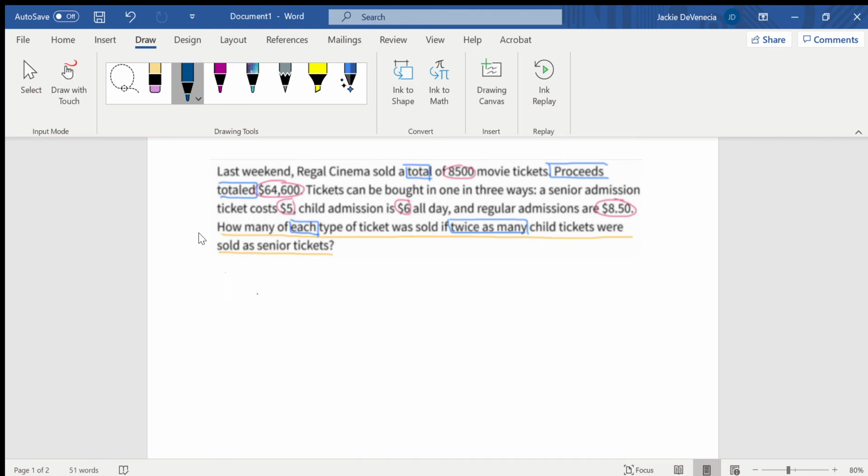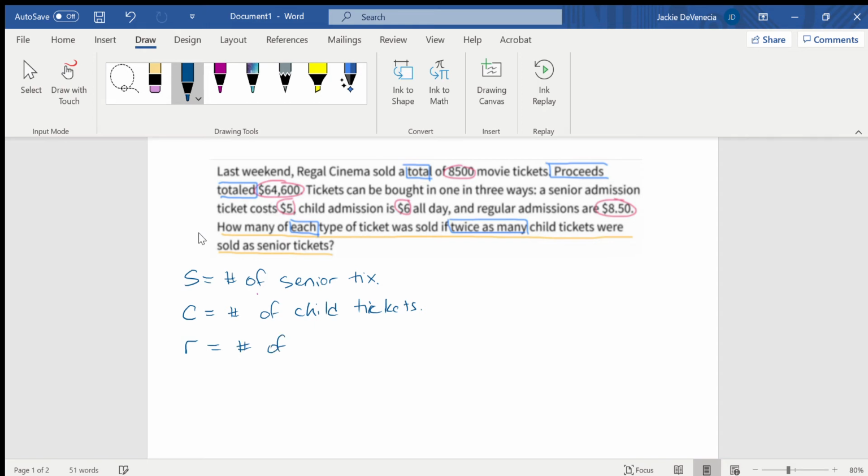The things that we don't know, the ones we're trying to find out, we're going to give variables. I have S for the number of senior tickets, C for the number of child tickets, and R for the number of regular tickets.